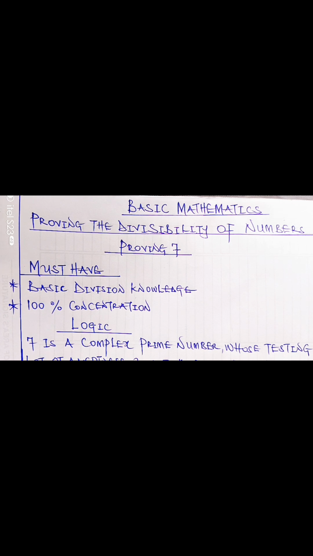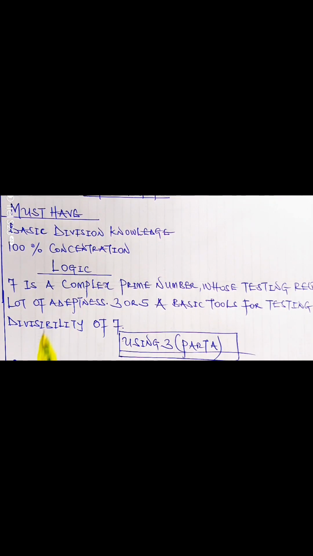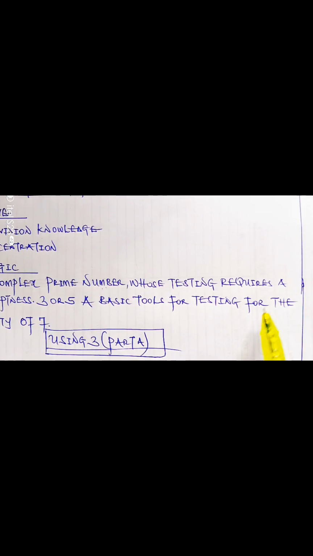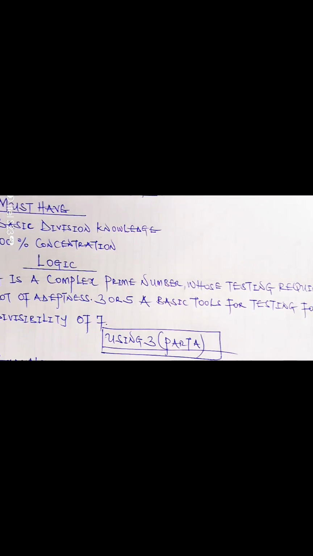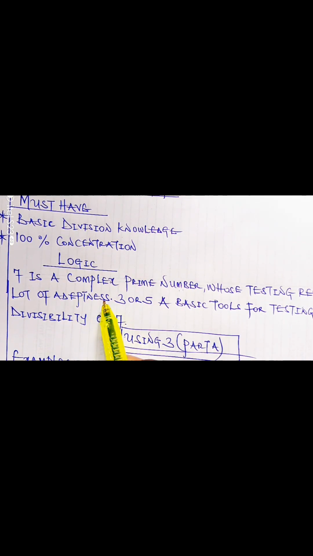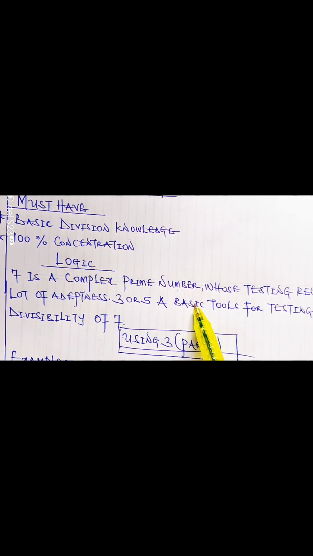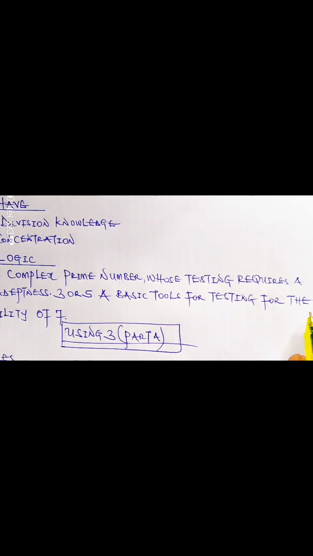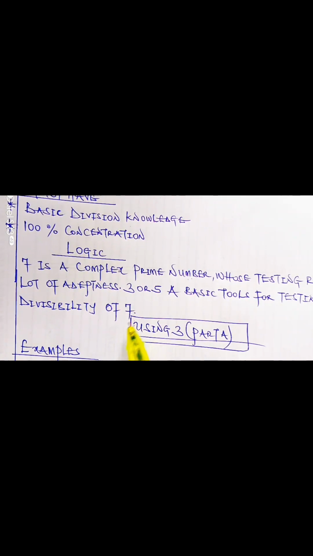Today's number is a very complex number, so I want you to stay focused all through to get 100% understanding of this. 7 is a complex prime number whose testing requires a lot of adeptness. 3 or 5 are basic tools for testing for the divisibility of 7.